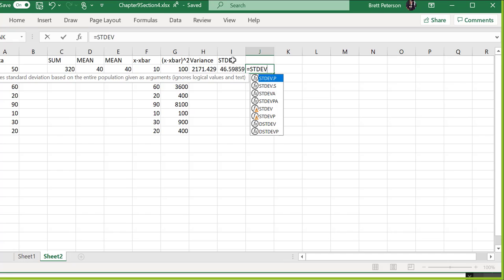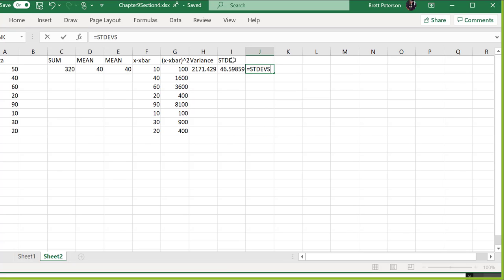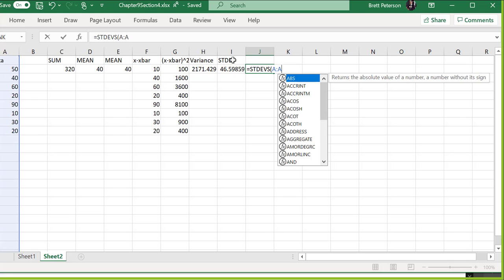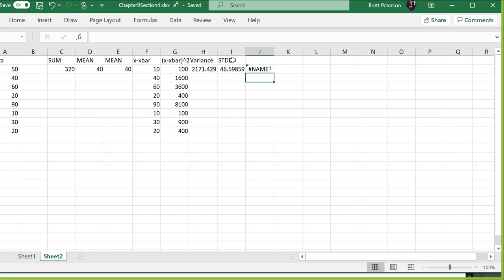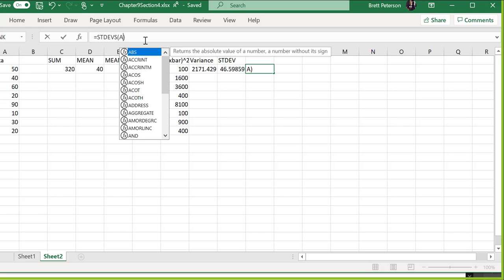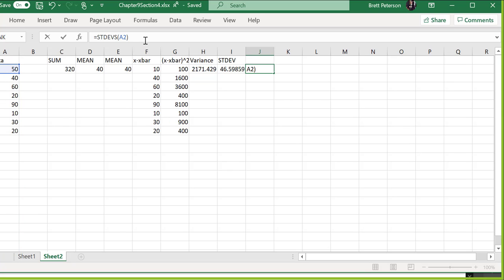Population, and the S stands for sample, right? So if you go STDEV.S, then you go A to A, we've got to be more precise because it needs to know how many things. So we're going to have to go A2 through A9.